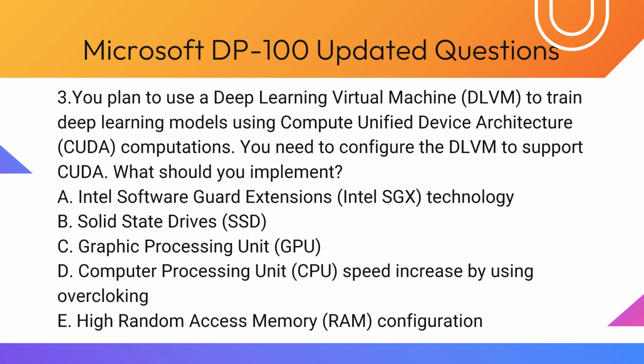A. Intel Software Guard Extensions, Intel SGX technology, B. Solid-state drives, SSD, C. Graphic Processing Unit, GPU, D. Computer Processing Unit, CPU, speed increase by using overclocking, E. High Random Access Memory, RAM, configuration.